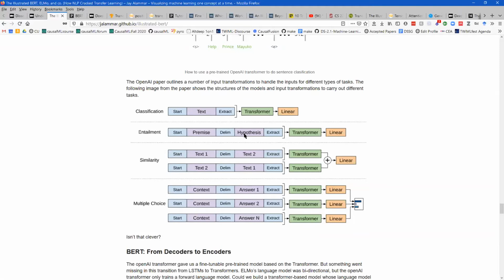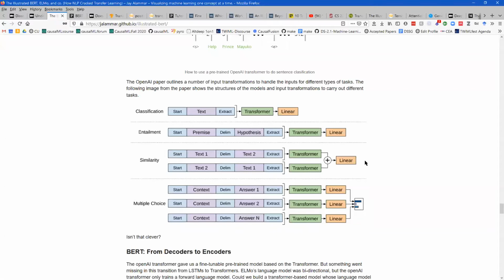And then there's a similarity task. You have two sentences going in, and you turn loose a transformer on both of them, and then I guess you can get a score. You can compare the scores and see how similar they are.